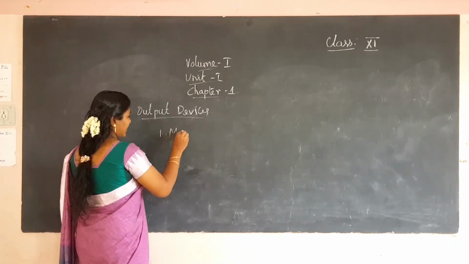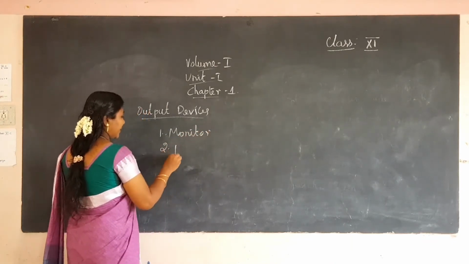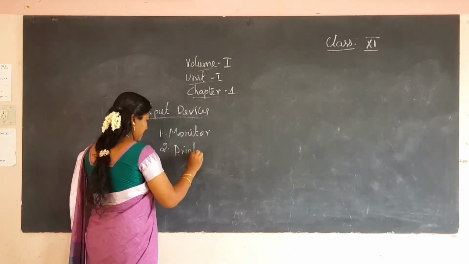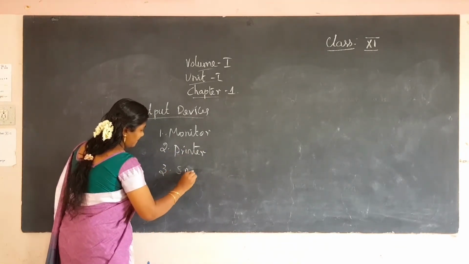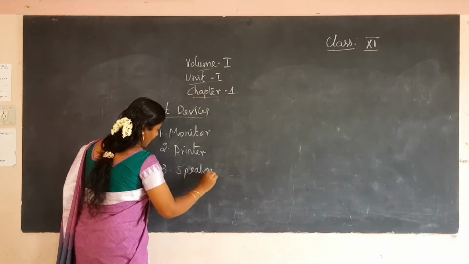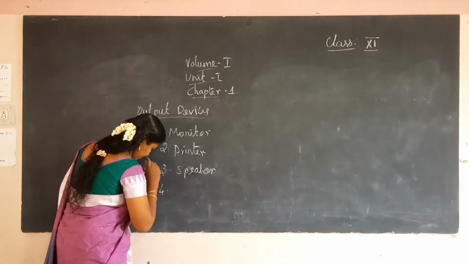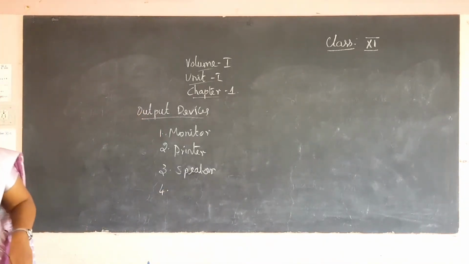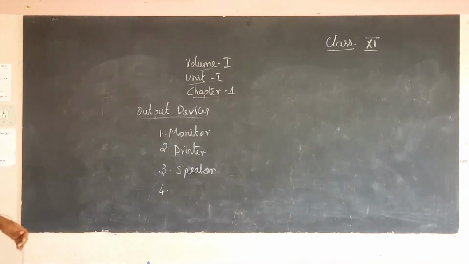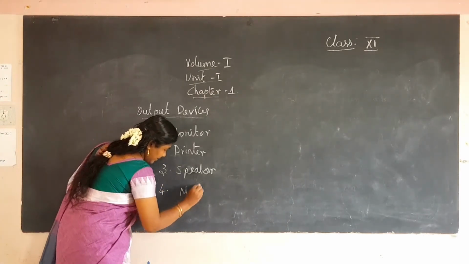First one, monitor. Second one, printer. And the third one, speaker. And the fourth one, multimedia projector.